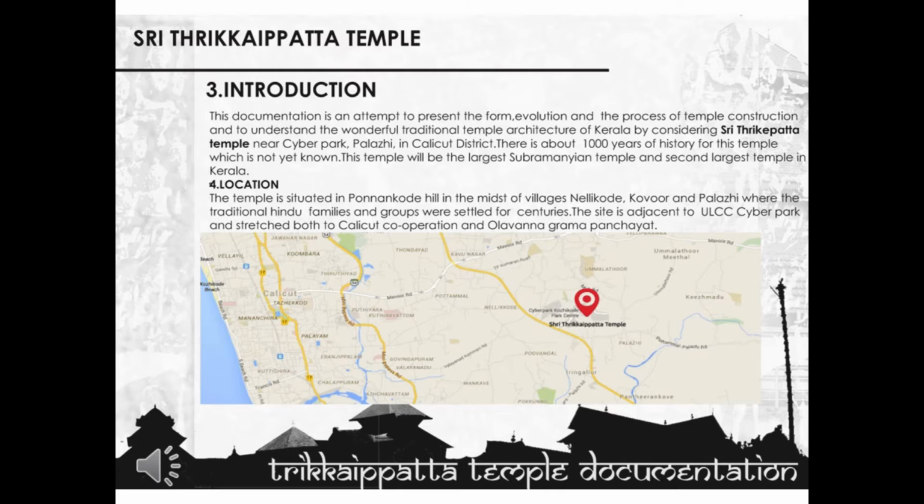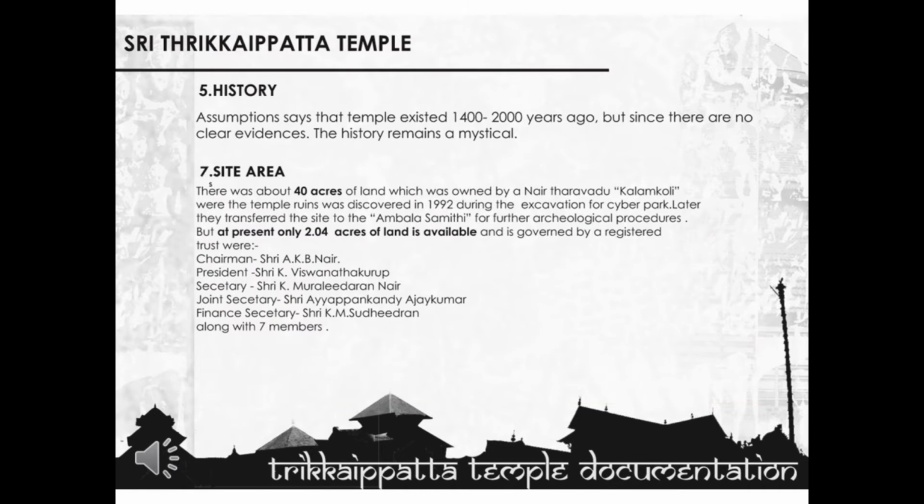Now, moving on to the main part, Sri Trikapeta temple. This temple has about 1000 years of history, which is not yet known. This temple after reconstruction will be the largest Subramania temple and second largest temple in Kerala. The site is adjacent to ULCC Cyber Park, Palari in Calicut district.